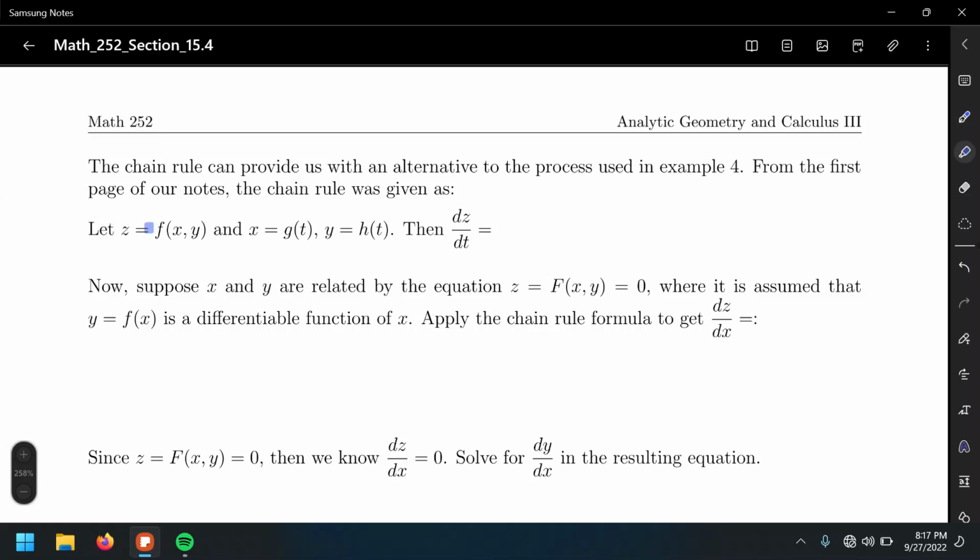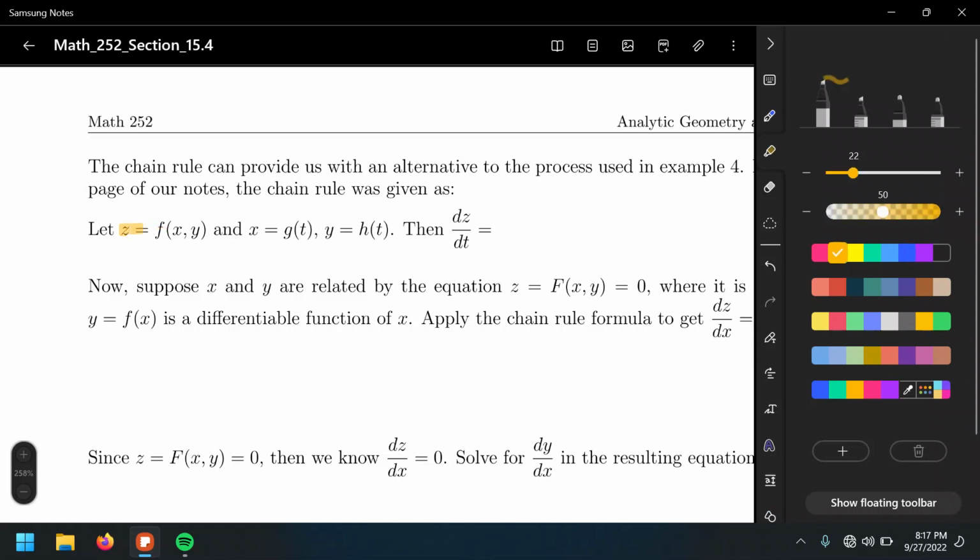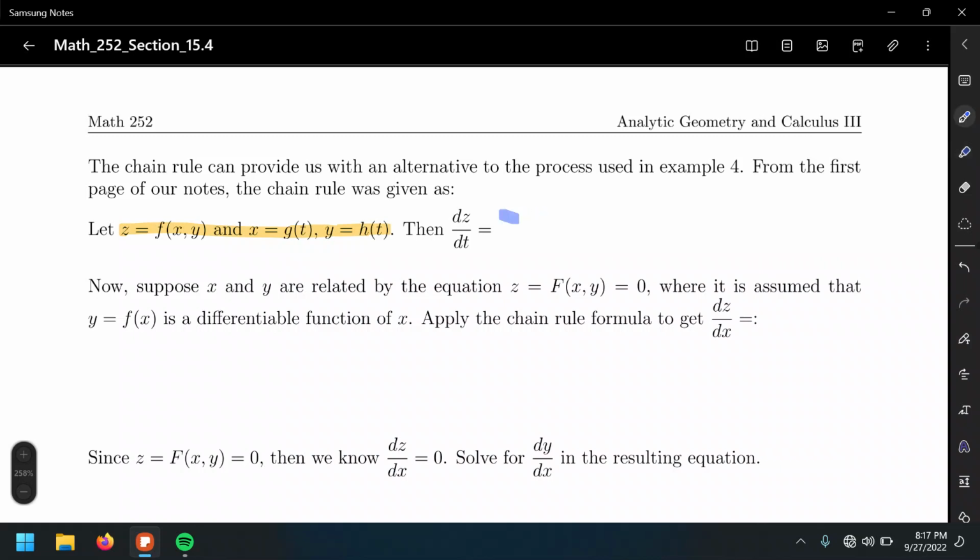Whenever we have a function z, which is f of x, y, with x depending on t and y also depending on t, we got that dz/dt equals the partial of z with respect to x times dx/dt, plus the partial of z with respect to y times dy/dt.